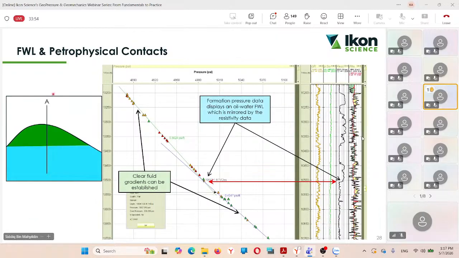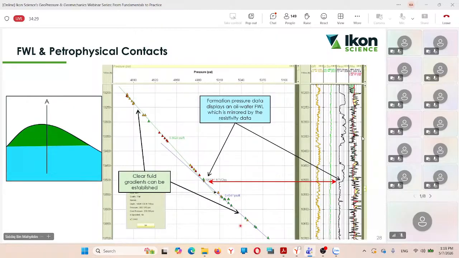So for example, if you drill a well in a typical anticline kind of structure, you would see that here you have oil and here you have water. And if you take measurement in the oil part and you take measurement in the water part, you will see this kind of data over here. We'll take a look at this in raw doc. So you will have one straight nice line for your oil gradient, and then one straight line for your water gradient. And this gradient has its rule of thumb range, like what is the water gradient, what is the oil gradient, right?